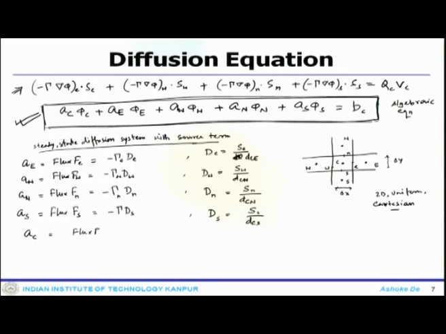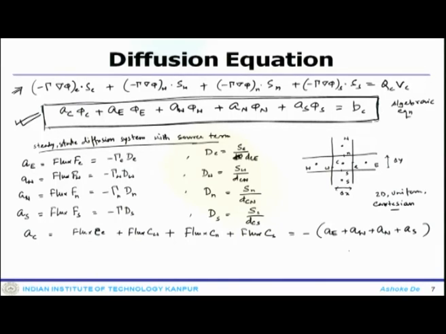flux F E, flux C E plus flux C W plus flux C N plus flux C S, which is nothing but with negative sign summation of A E, A W, A N, A S. So, A C actually is the sum of all the individual components with the negative sign.